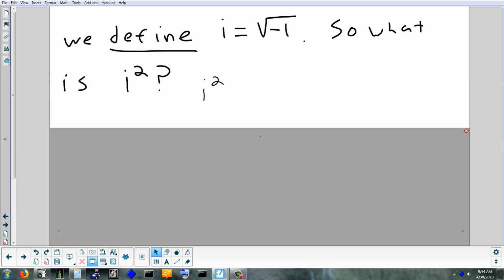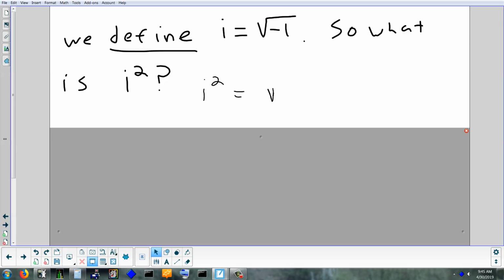So, because we all agree that I is the square root of -1, that means all kinds of things now. In particular, it means something about I squared. If we're going to say I is the square root of -1, then we can say I squared is something. What does I squared mean? Like if you had to write it out. I times I. Right, it means something times itself.